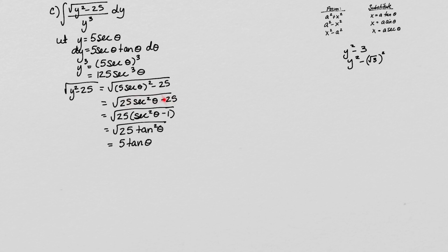So to go from this step down to this step, I noticed that both of these pieces have a 25 in them. So I'm factoring the 25 out. So think about it, if I took this 25 and I distributed it, I would get 25 secant squared theta, that's the first piece here. And then 25 times what would give me minus 25? 25 times negative 1. So that's how I pulled that 25 out. Does that help?